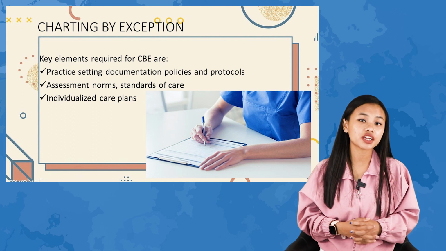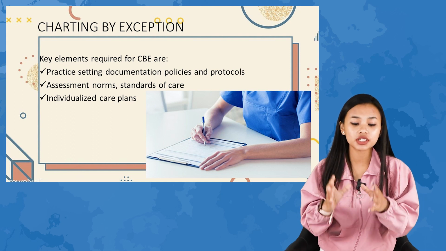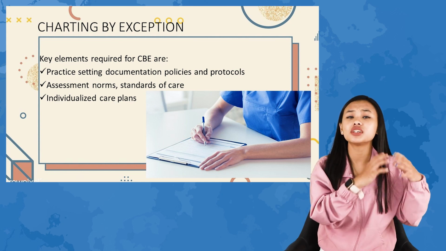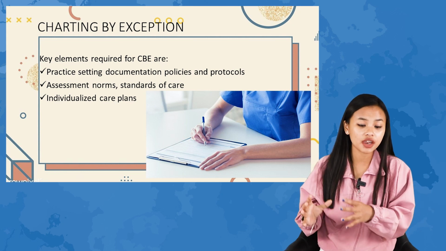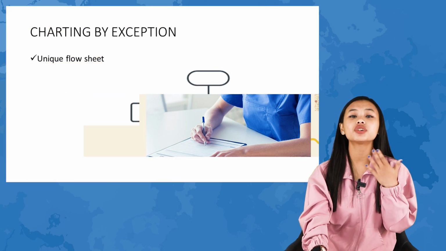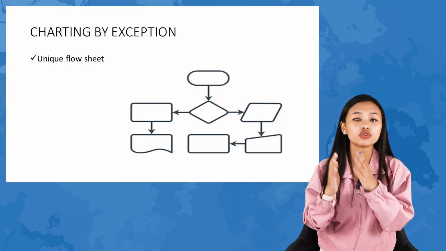The first one is that you should practice setting documentation policies as well as protocols. You should also assess the norms as well as the standard of care. You should have an individualized care plan, and you can use the unique flow sheet.